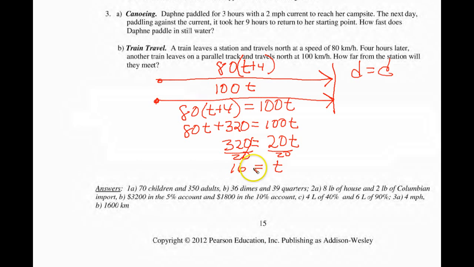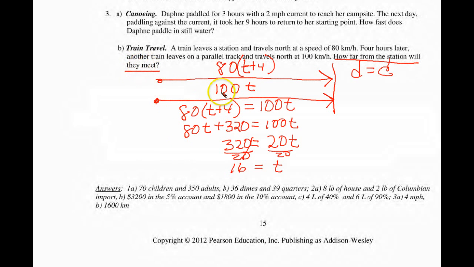Now, if you put 16 hours into MATLAB, they're going to count it wrong. You might say, well, wait a minute, we got 16 hours. Well, they're not asking for hours here. They're asking how far from the station will they meet. So they want distance here.